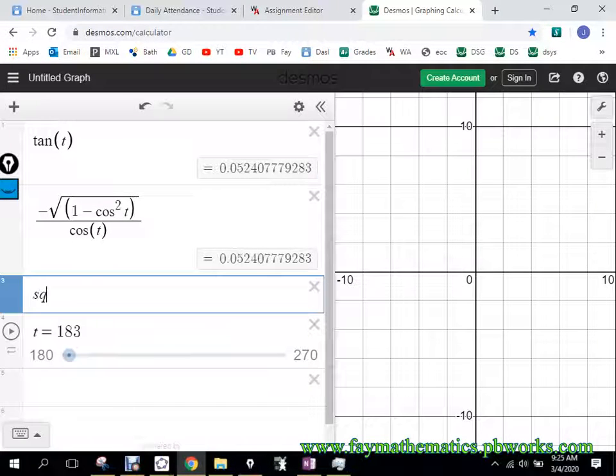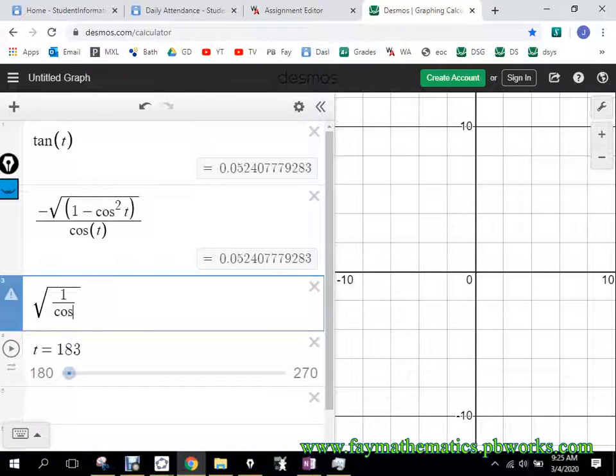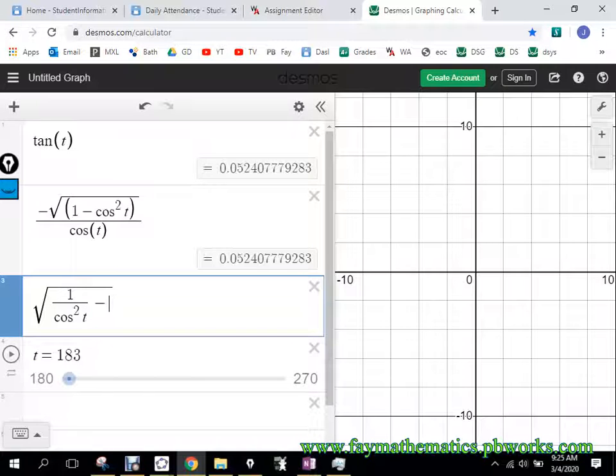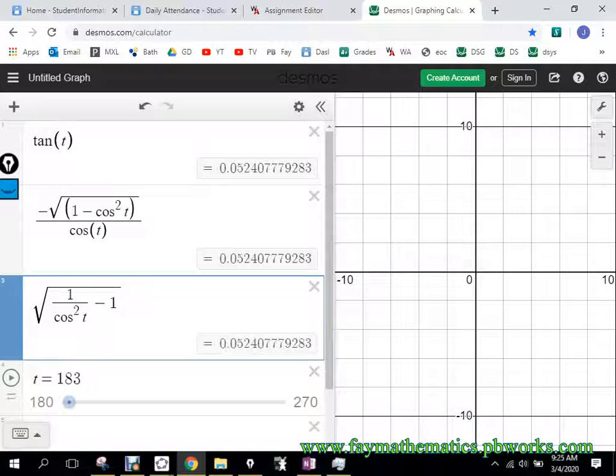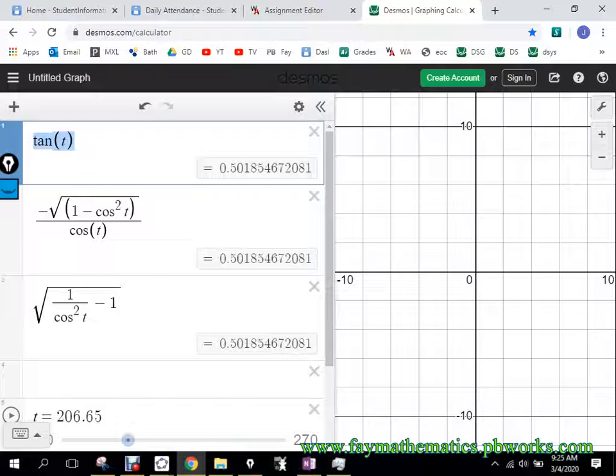Let's see if I type in the square root of, what was it, 1 minus cosine, no, it was 1 over cosine squared t minus 1. Okay, there, and that's the idea. If it was plus or minus, if I left it this way, obviously you would see that to get it to be equal to tangent t, you would have had to keep the positive one, right?